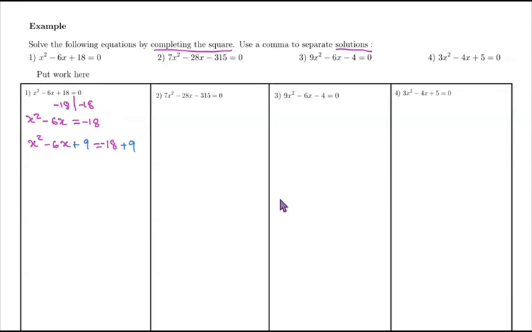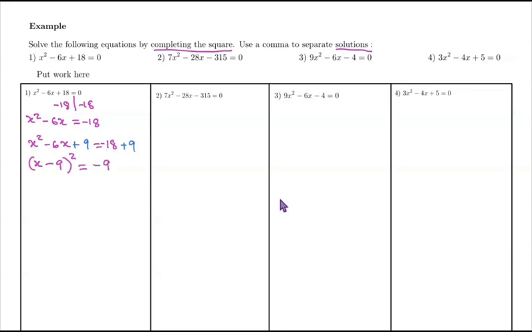Now, once we have the perfect square trinomial, we can write it as a binomial squared. So that's the square root of the quadratic term, x, the sign of the linear term, minus, and the square root of the constant term, 9, squared equals negative 18 plus 9 is negative 9.